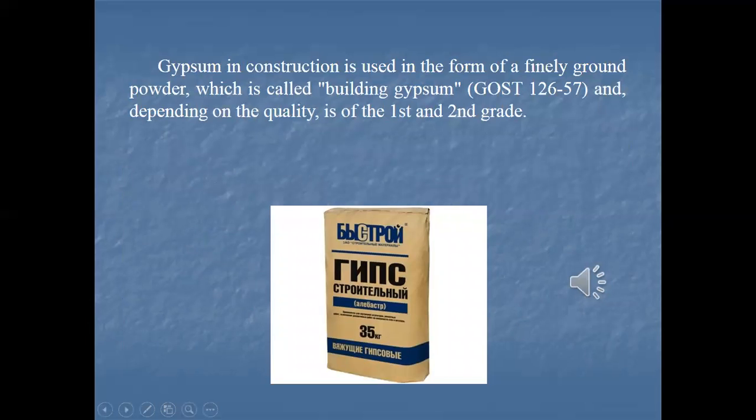Gypsum in construction is used in the form of a finely ground powder, which is called building gypsum, and, depending on the quality, is of the first and second grade.